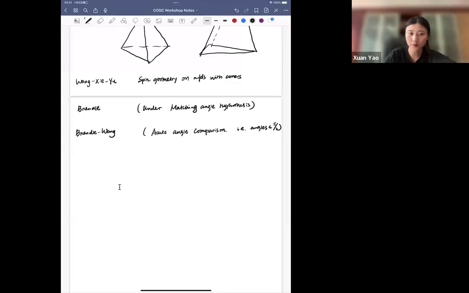So here is some history of the proof of Gromov's conjecture.